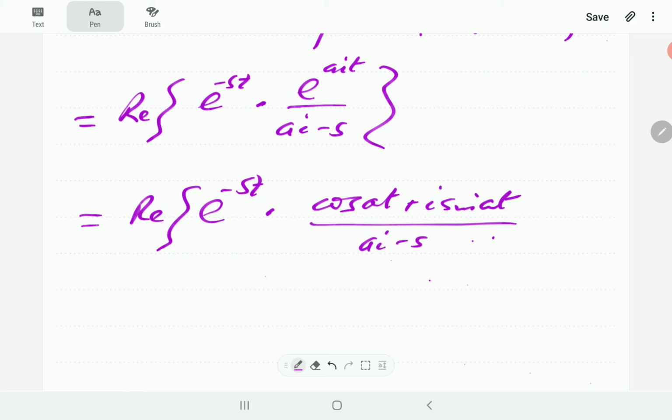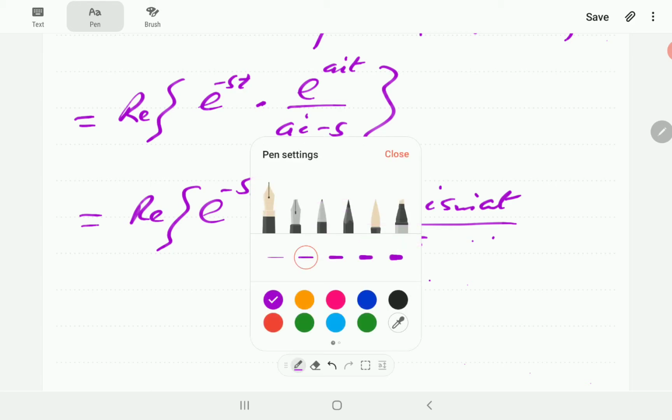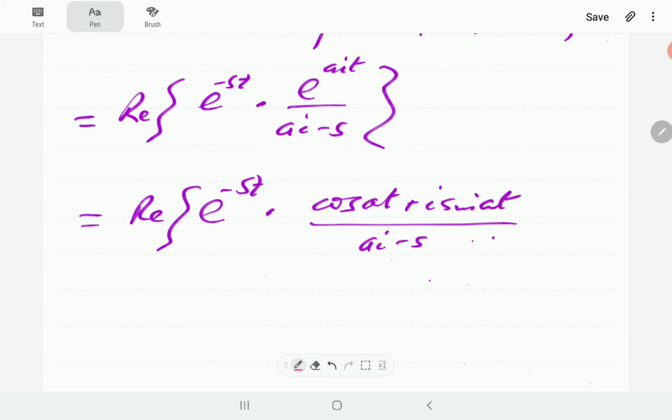Now, for us to be able to extract the real part of this, we need to remove the imaginary term from the denominator, and we do that by multiplying by the complex conjugate of the denominator. And so we multiply both numerator and denominator by that.